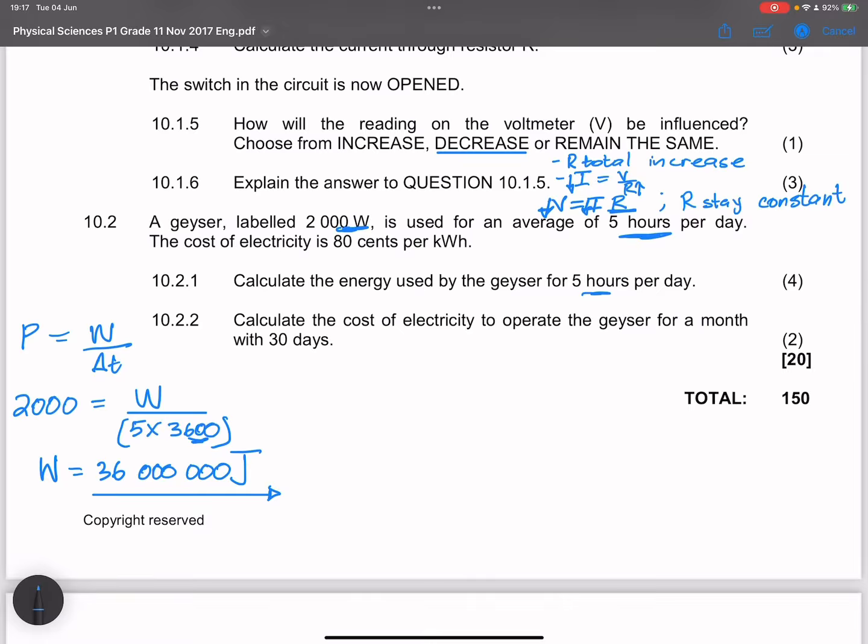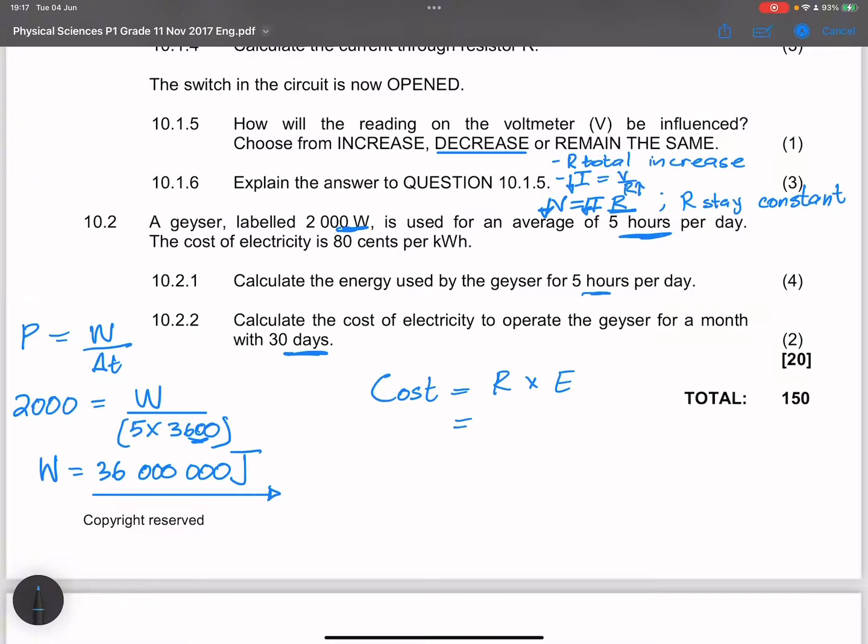All right, and then finally, ladies and gents, they want us to calculate the cost of electricity to operate the geyser for a month with 30 days. So now we know that the cost is going to be the rate per kilowatt hour multiplied by the amount of energy that is dissipated over that time.